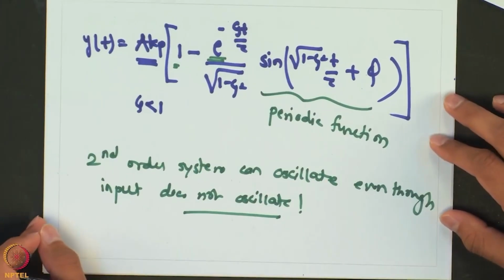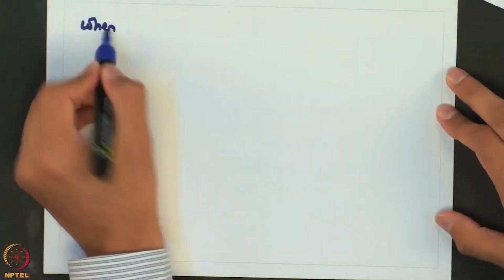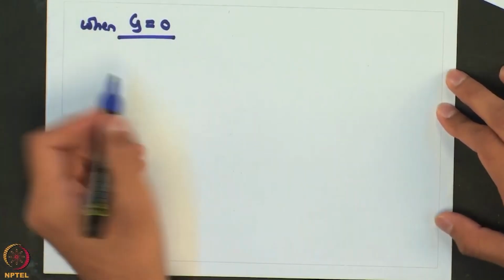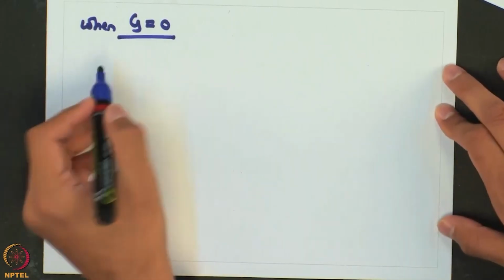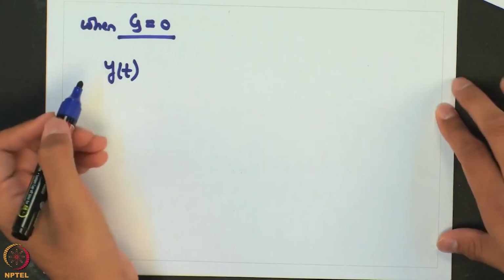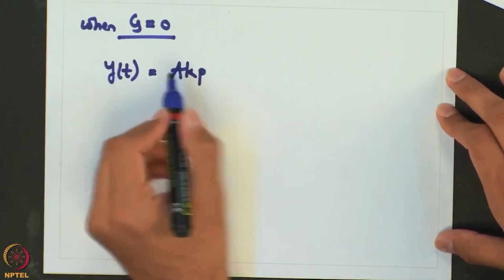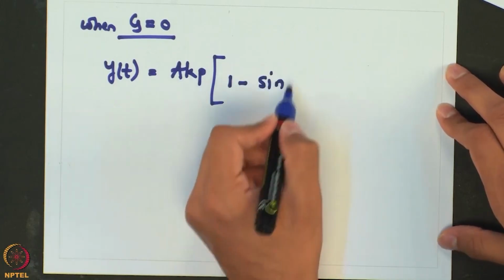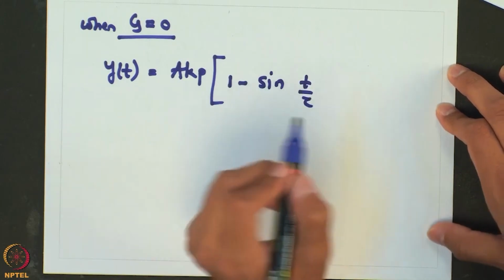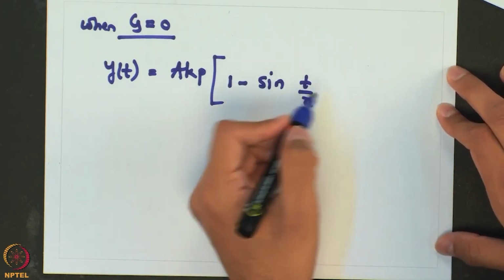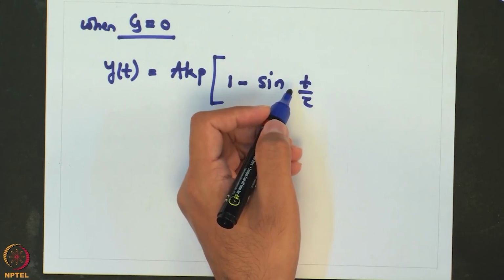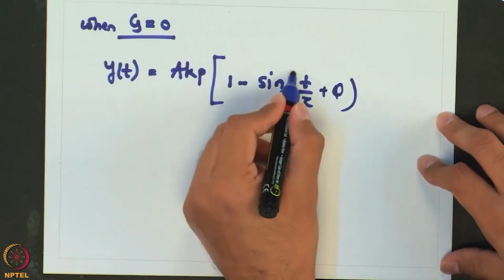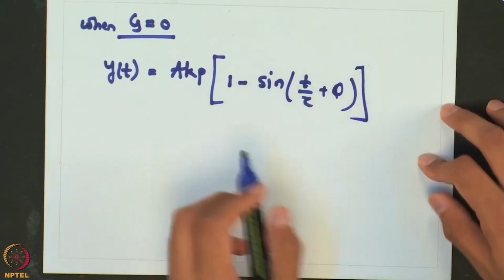When we say this coefficient is equal to 0, in that case we will get the response of the form y(t) = AKP[1 - sin(t/tau + phi)], where phi in this case will be pi by 2, since tan phi will be infinity.